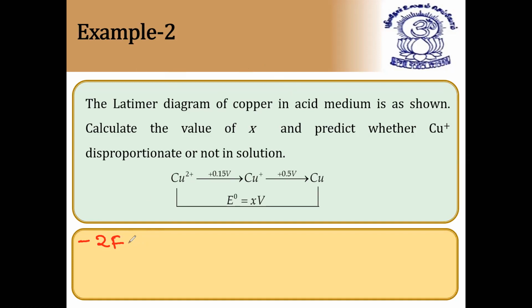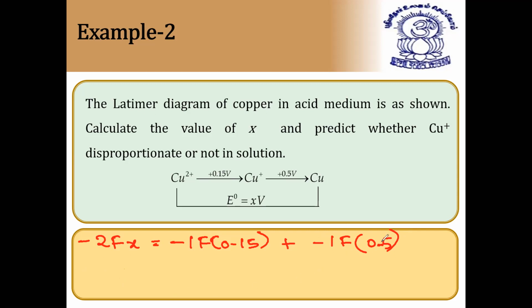Minus 2 into F into X is equal to minus delta G1, that is minus 1 into F into 0.15, because E degree of cell for the first electron, Cu plus 2 to Cu plus, is 0.15, plus minus 1 into F into 0.5. So by using these three values, you can find X, because F gets cancelled. So you'll get the X value.